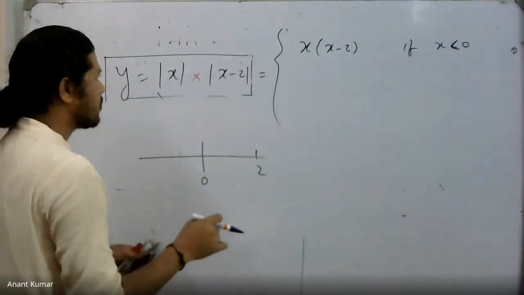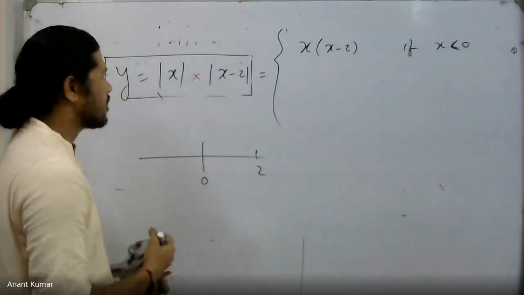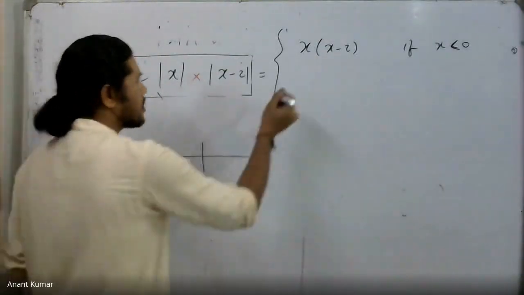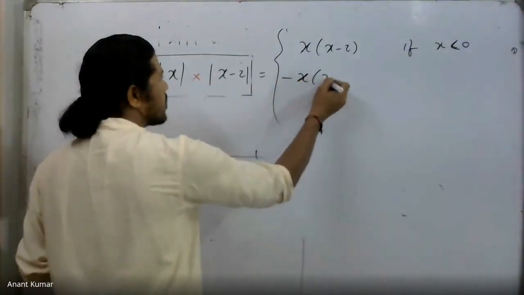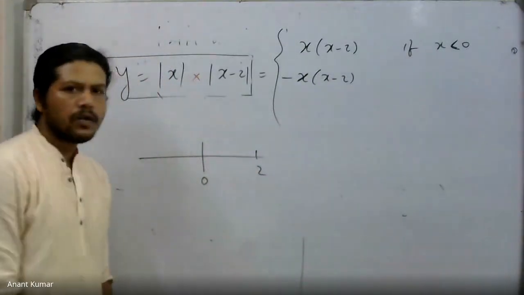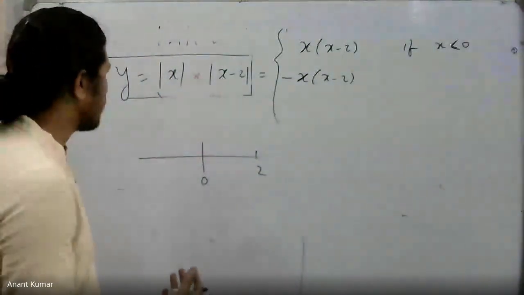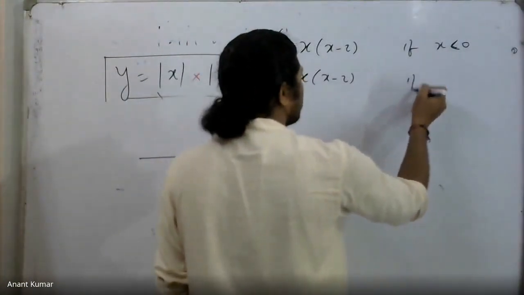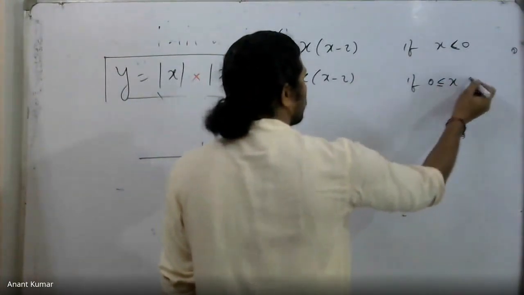So mod of x minus 2 becomes minus of x minus 2. This is simply x. So now I get minus of x into x minus 2. What I have done is simply multiplied the two expressions. That's all. This is when x is more than or equal to 0 but less than 2.